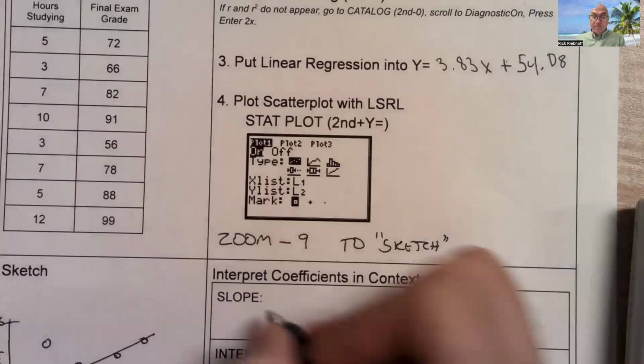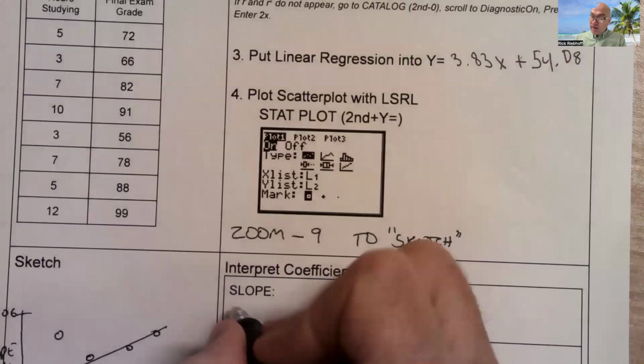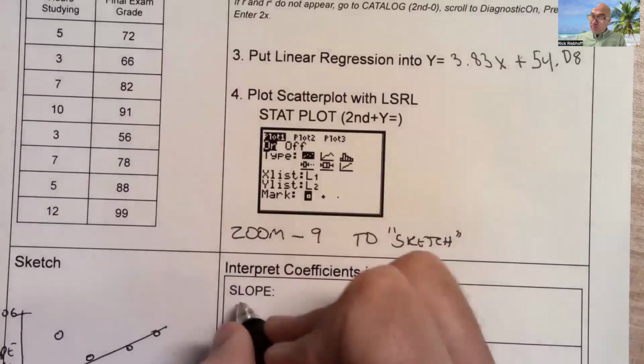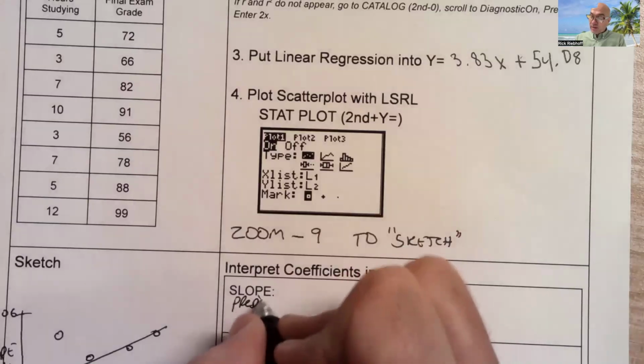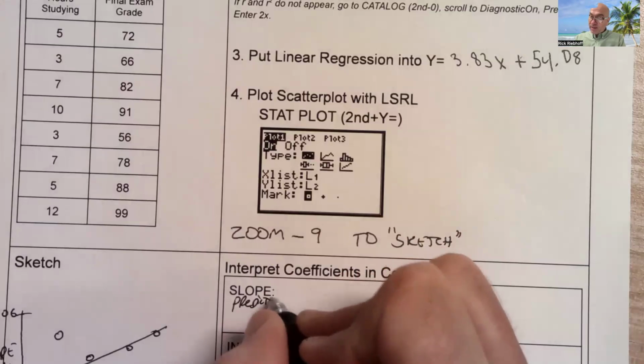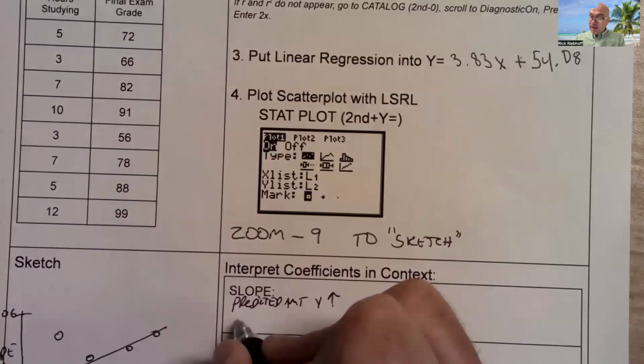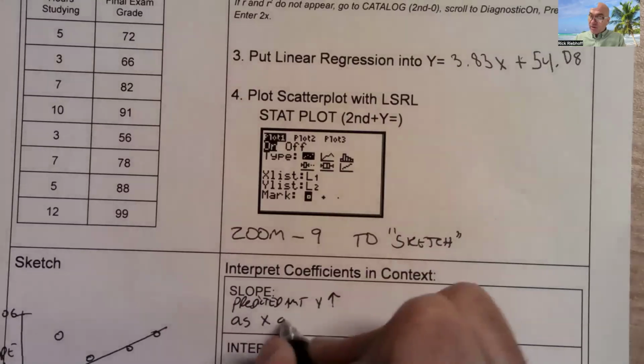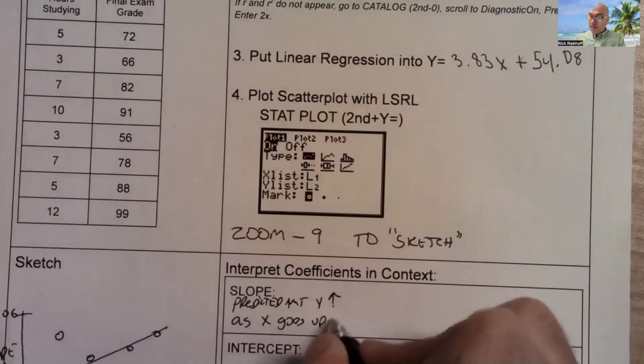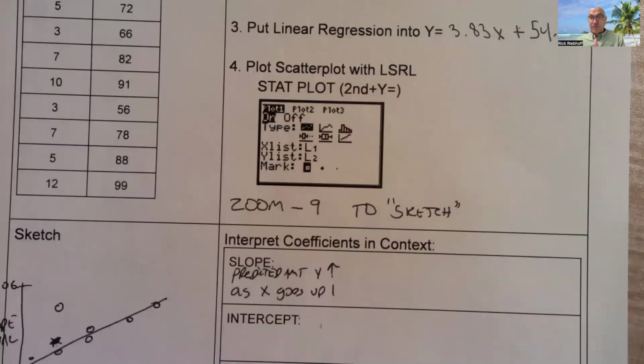All right, so slope for this one is, in general, the predicted amount that y goes up as x goes up 1. That's what slope is. How much does y change when we move over 1 x?